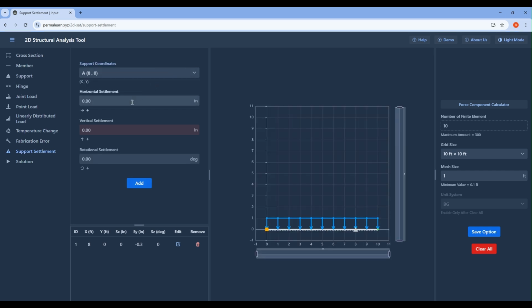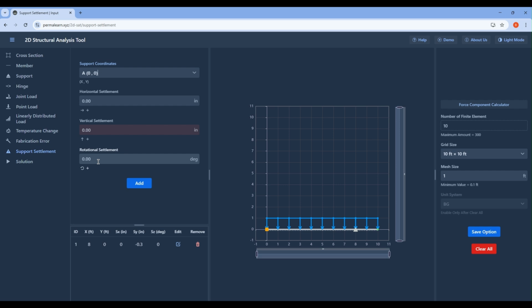And for the fixed support it is the same. If it settles to the right, we put the positive number. If it settles to the left, we put the negative number. And if it settles upward, put positive number, and downward, put negative number. Same for the rotational settlement.